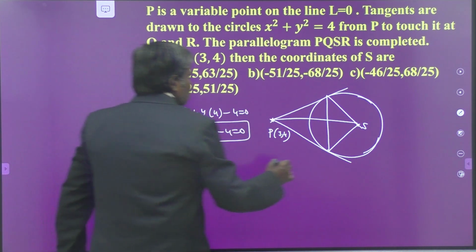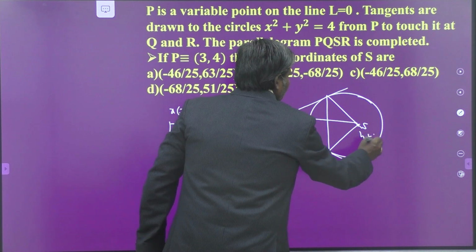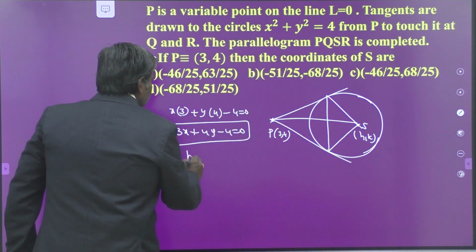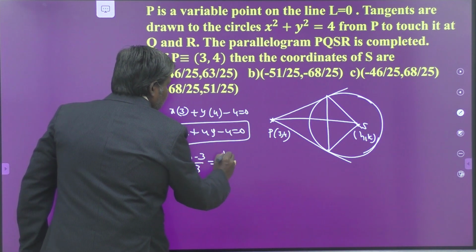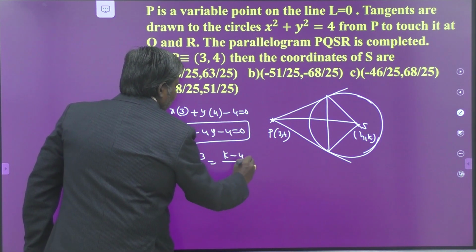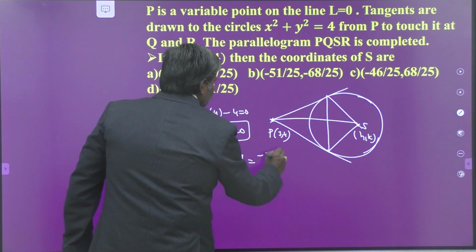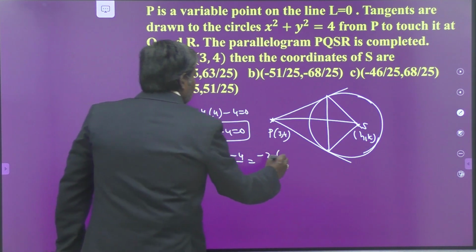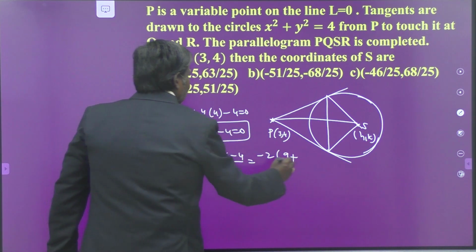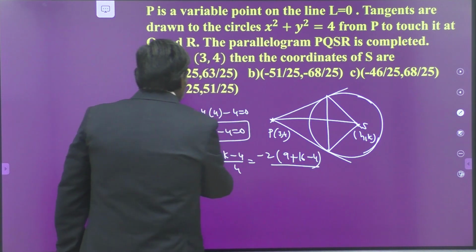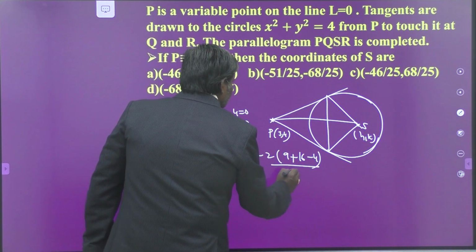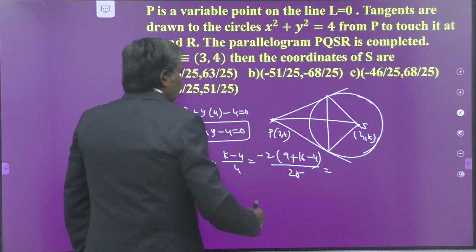Suppose this point is (h, k). Can you get h, k or not? (h minus x1), that is 3. (h minus 3) by 3 is equal to (k minus 4) by 4 is equal to minus 2 times (a x1 plus b y1 minus 4) by (a square plus b square). 3 3s are 9 plus 4 4s are 16, minus 4, by 9 plus 16, that is 25. What is the value?